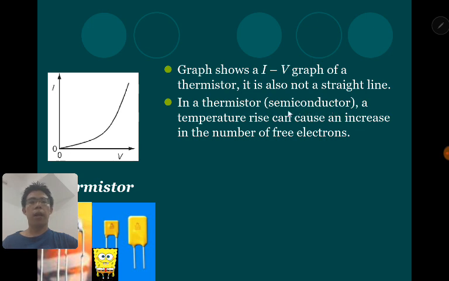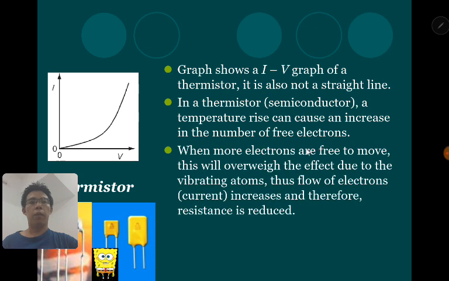Some of them are still tied to the nucleus, but as the temperature rises, this number will have a great increment. Suddenly there are a lot of them, and therefore, though the vibration of the atoms increases as the temperature rises, there are now more electrons to carry the charge as the current.